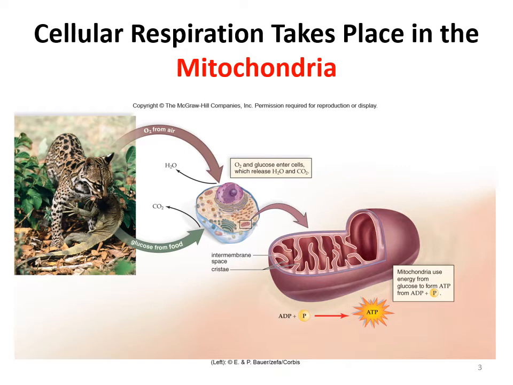Now, when you think about any process in a cell, you always want to remind yourself where it happens. So in the case of cellular respiration, always remember that it takes place in the mitochondria, and that's why we call the mitochondria the powerhouse of the cell, because it is where the making of that energy is going to happen. And when we say making of energy, keep in mind, we're talking about getting ATP. And in a few slides, we'll talk about exactly how this ATP is being synthesized.